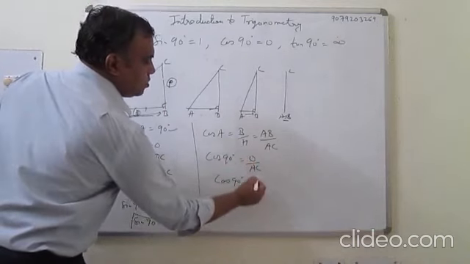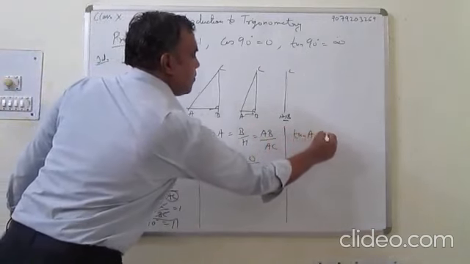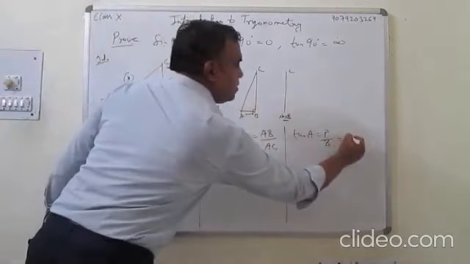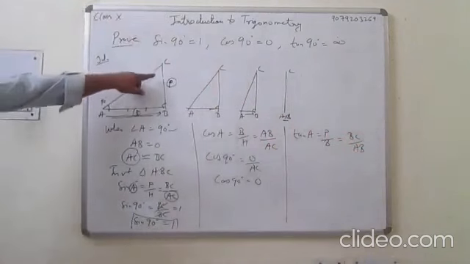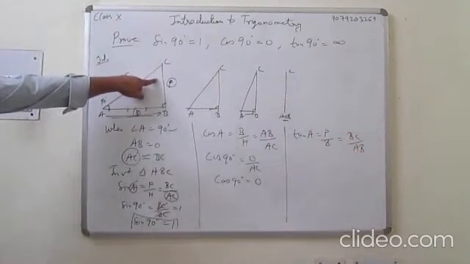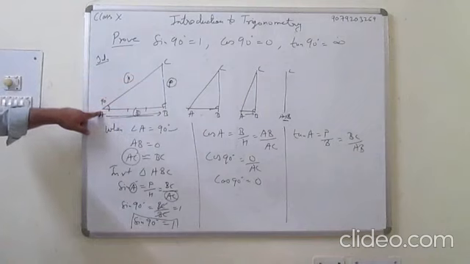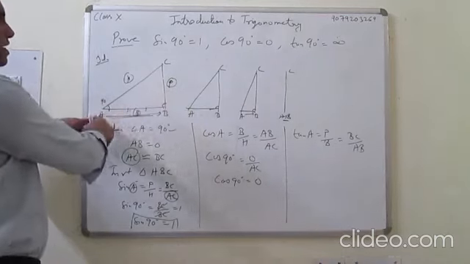Now for tan A, P upon B. What is P? BC upon AB. Now see here, if A is 90, then the perpendicular is BC, and what is AB?